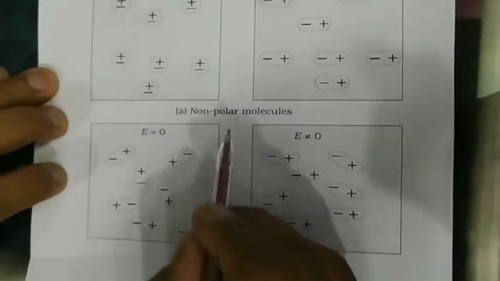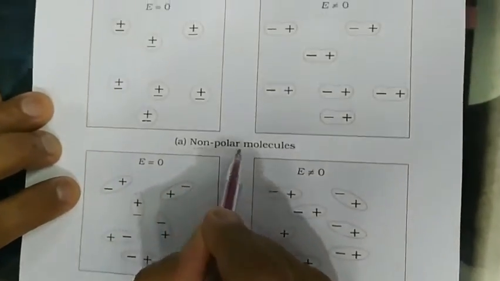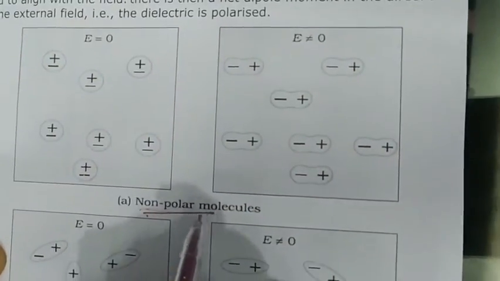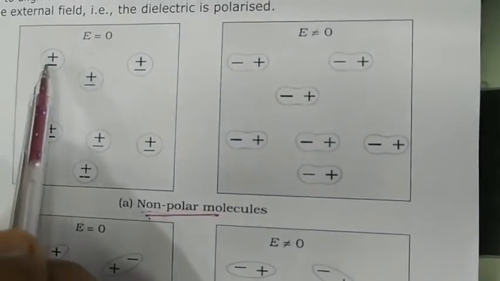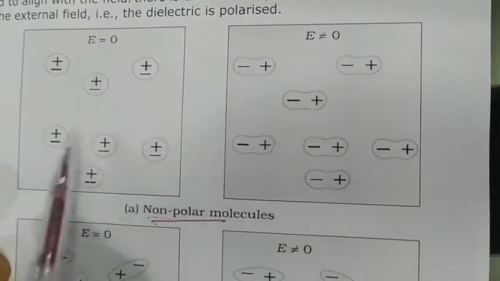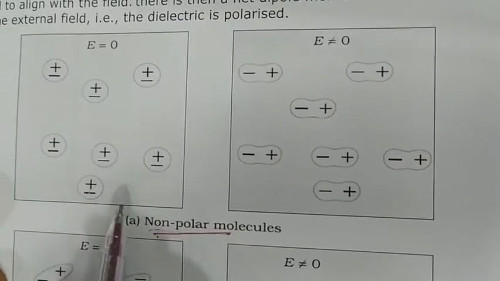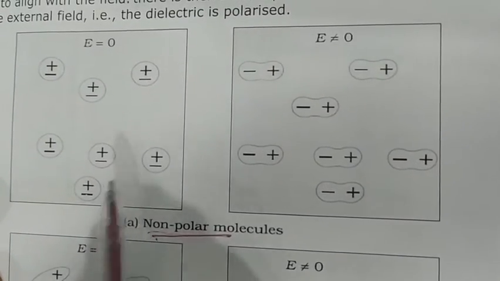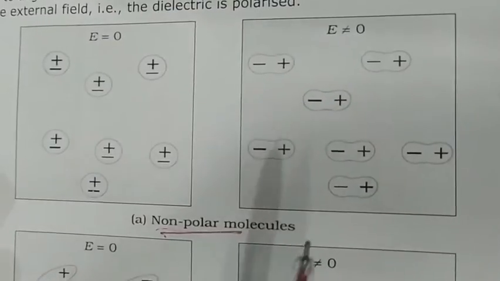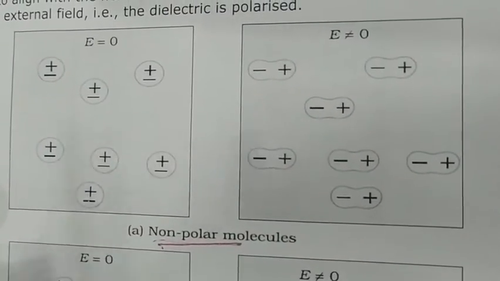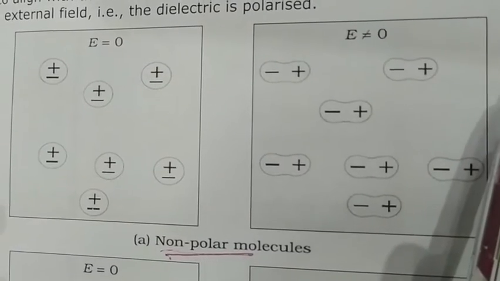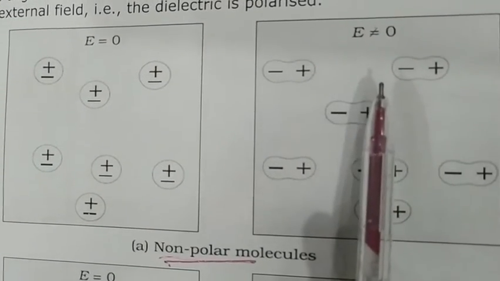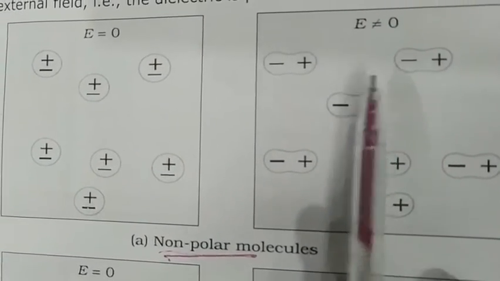Very important: non-polar molecules. Non-polar molecules means the centers of positive and negative charge are concentrated at the same place. But when we keep this non-polar molecule in an electric field, the negative charge aligns in one particular direction and the positive charge aligns in another direction, and they develop a dipole moment.